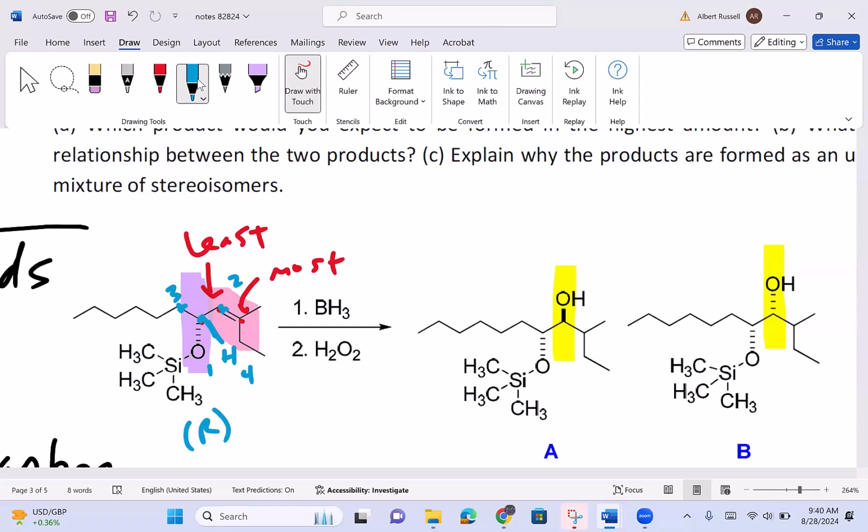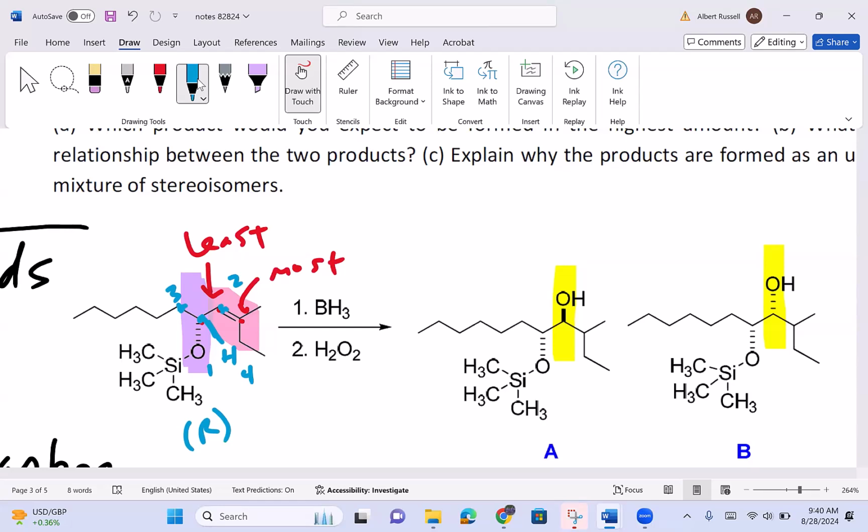Good. Excellent. So we have a pre-existing chiral center. It's already in place. And when we do the reaction, that chiral center is going to dictate the outcome of the reaction by creating a bias. We talked about that a second ago. It's going to determine which of your two products is formed in the highest amount.